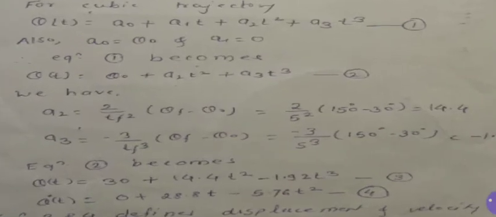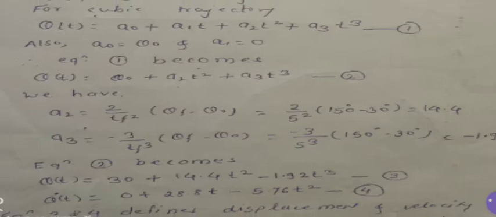Now we have to find at what point we get the maximum velocity. As we have the generalized expressions for displacement and velocity, we can find the values of displacement and velocity for different values of time, say from 0 to 5.